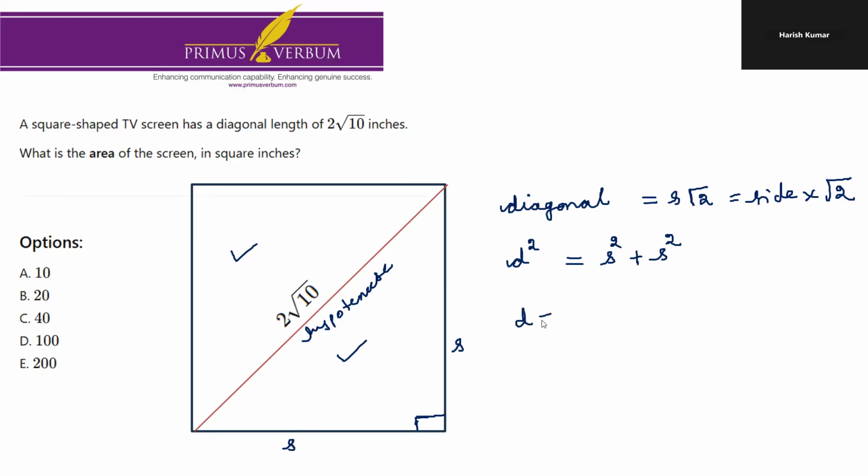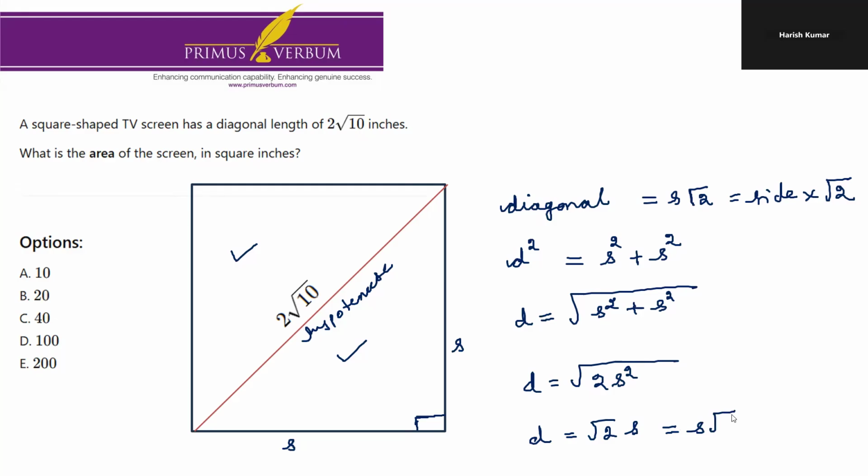So d is going to be equal to the square root of s square plus s square. d is going to be equal to the square root of 2s square. d is going to be root 2 s, or s root 2. So we got our result here. I hope this is clear to you now.